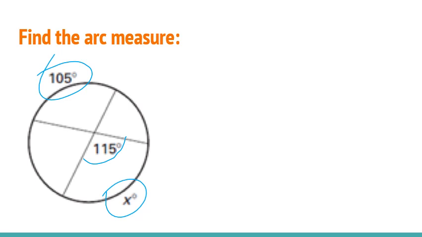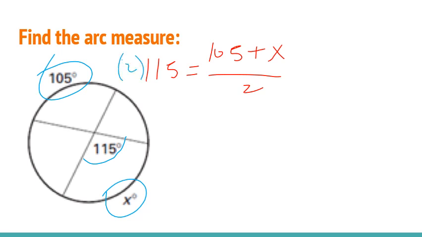If we just set it up the same way, we know that 115 has to equal 105 plus x divided by 2. Same setup as on the previous slides. The only difference is we have to work some algebra here to isolate this x. So the first thing I'll do is get rid of this division by 2. Let's multiply both sides of this equation by 2.